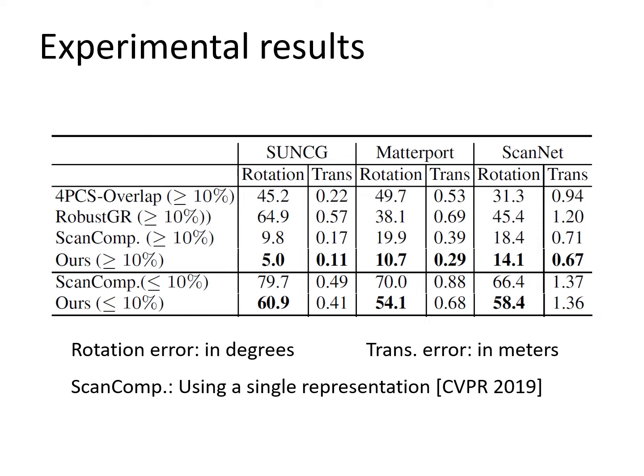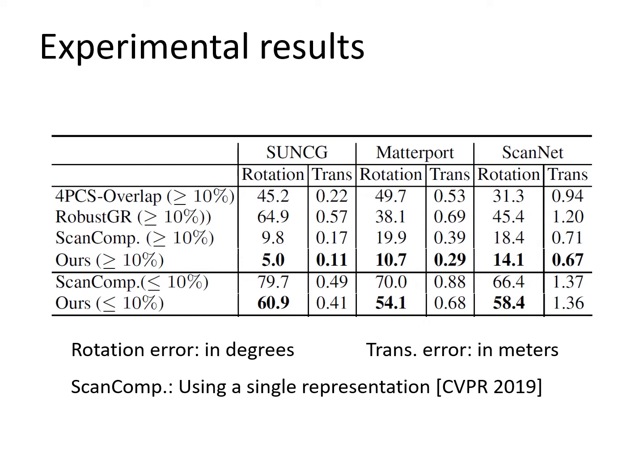The performance gain indicates that even for the overlapping scans, performing scan completion is valuable, since it provides useful features to match. Compared to using a single representation, using multiple representations further reduces the rotation and translation errors.